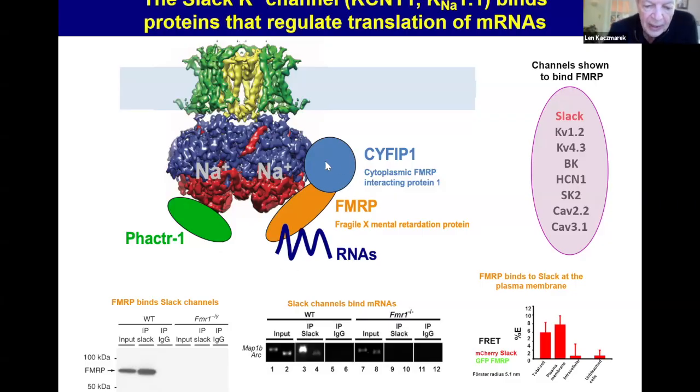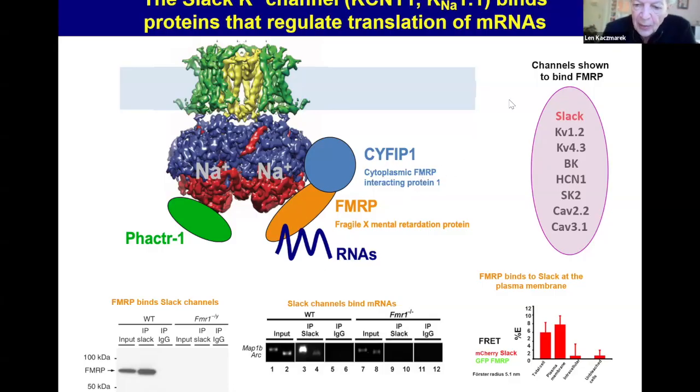The second protein it interacts with is CYFIP1, the cytoplasmic FMRP interacting protein 1. This is also a regulator of protein translation, and even though these both have independent functions, they come together in a complex, which is why this has the name of cytoplasmic FMRP interacting protein.